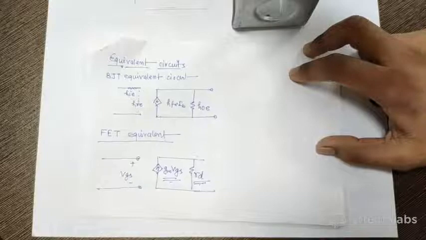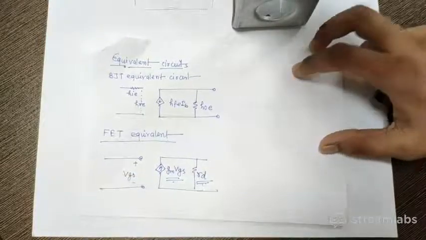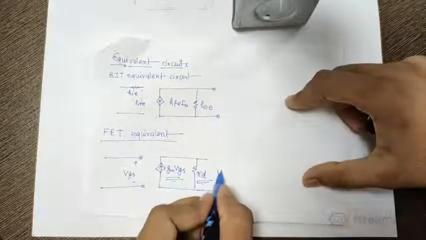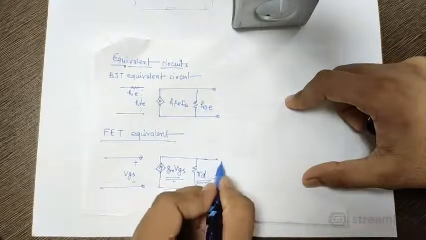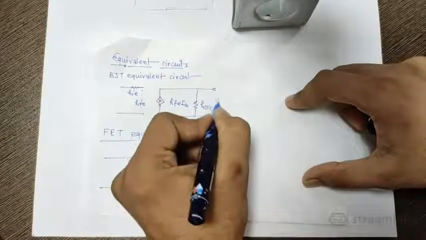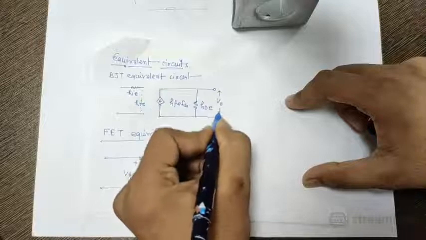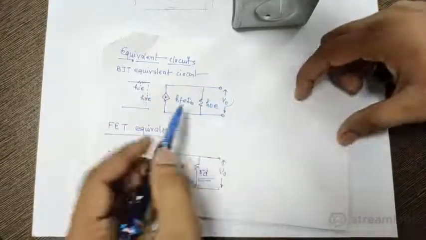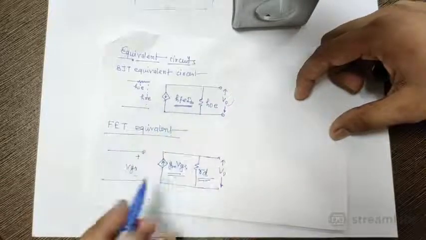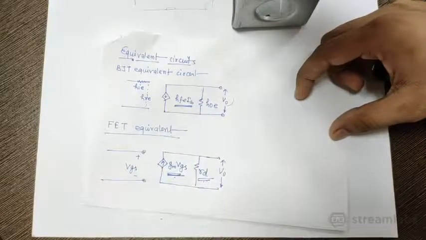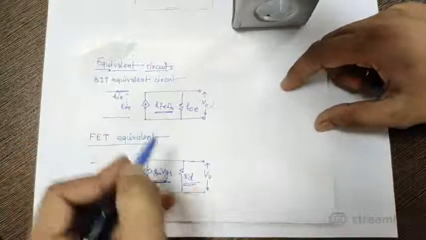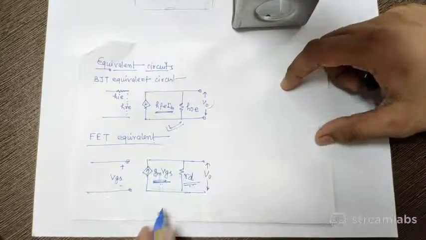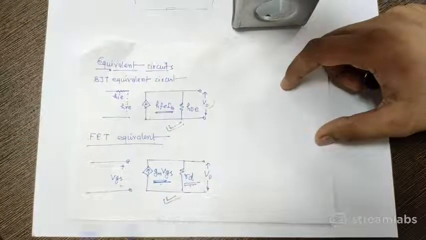And these models are prepared based on the equation of output voltage. The output voltage is here, and here the output voltage is here. So based on this equation of output voltage with respect to input current, these models are prepared. From this model, what conclusion can be drawn?